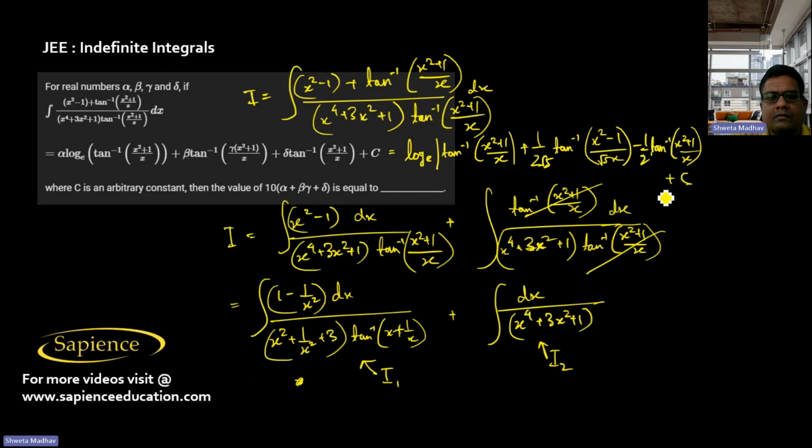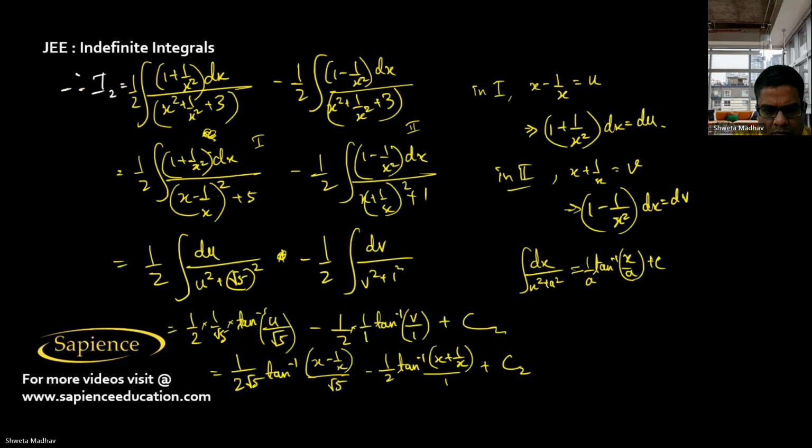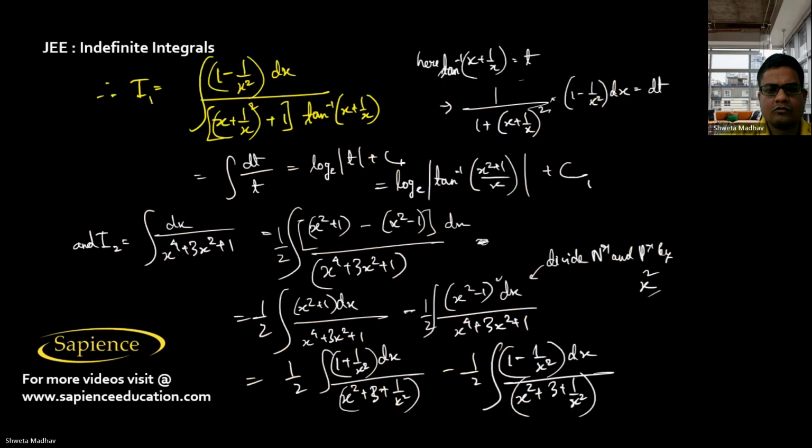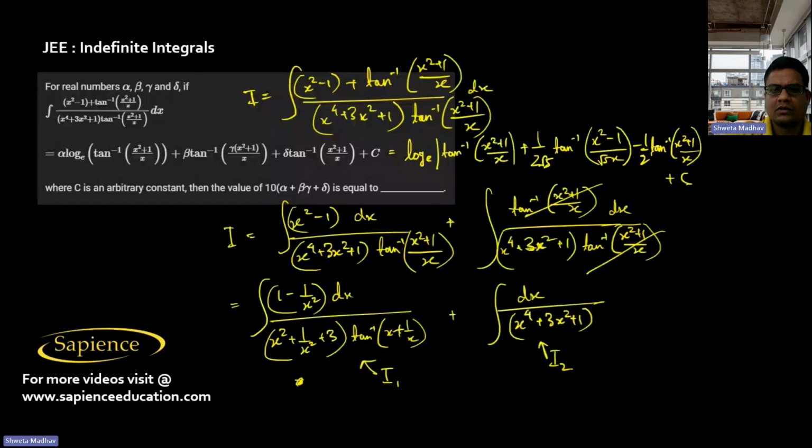Let's see, 1 by 2 tan inverse. Okay, so if we compare these two, it should be minus 1.